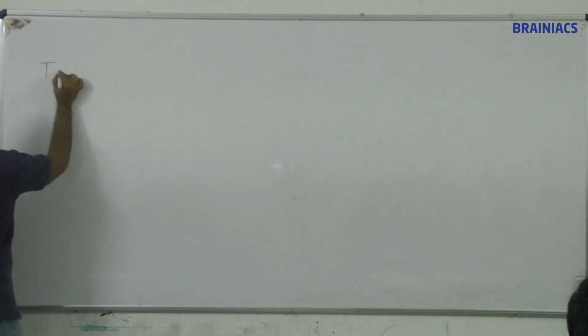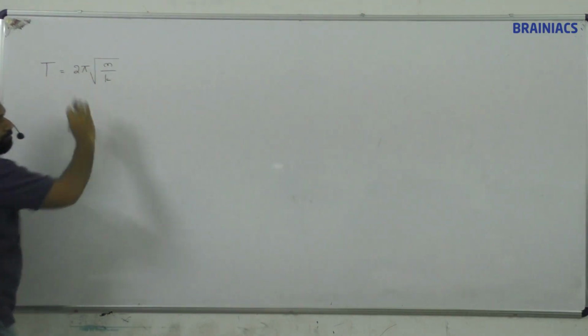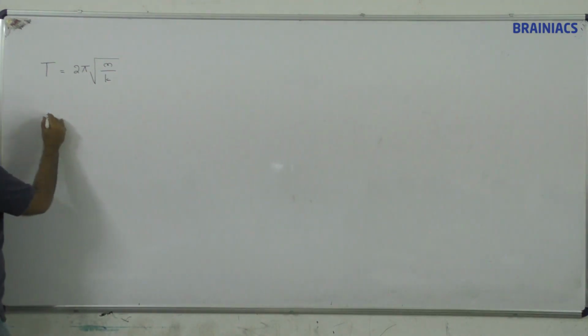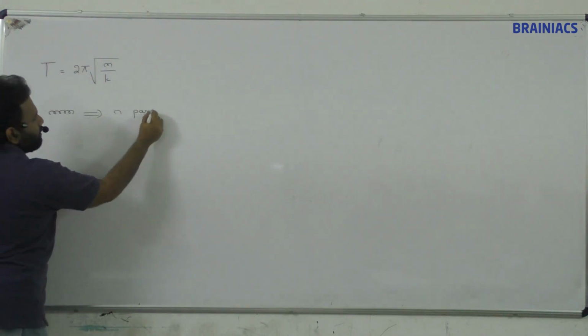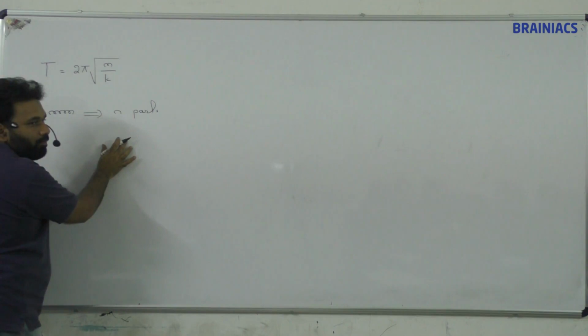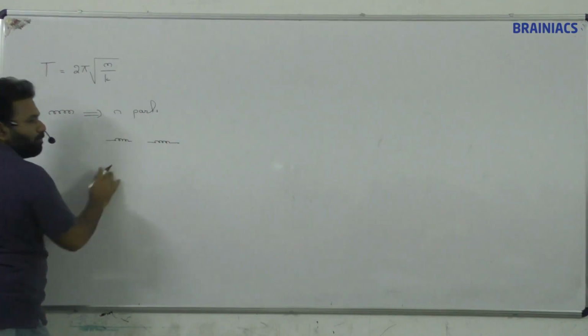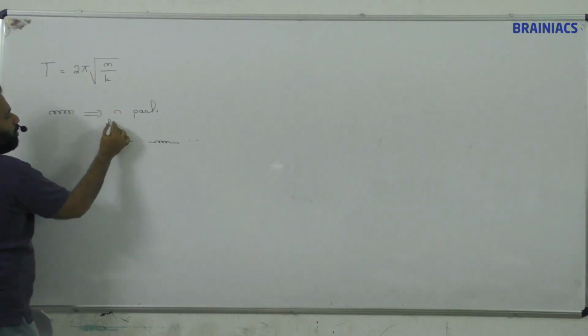So time period of spring pendulum is 2 pi into root of m divided by k. Suppose simple points. If we are dividing the spring into n parts, each part will have how much spring constant? Each part will have nk, because this is going to be L by n.